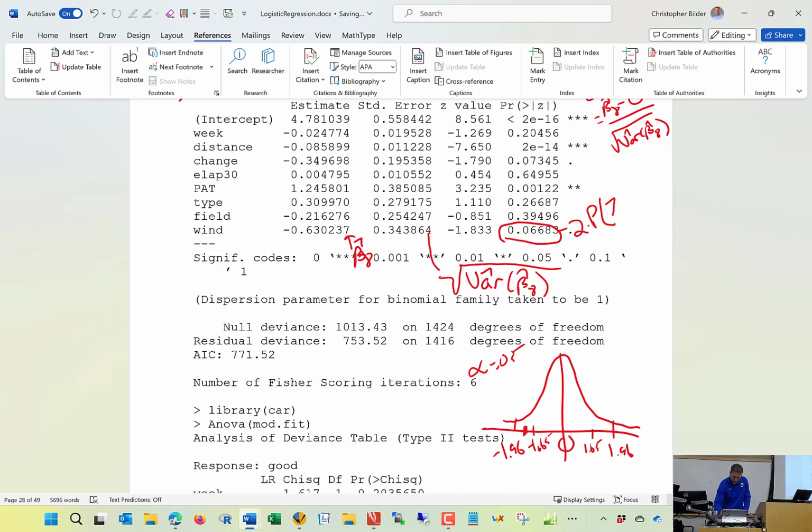If I have a standard normal random variable Z, I'm looking at the probability that it is greater than the absolute value of negative 1.83. And I take it times 2 because it's a two-tailed test. So the p-value is 0.0668. Again, marginal evidence that indeed wind is important.